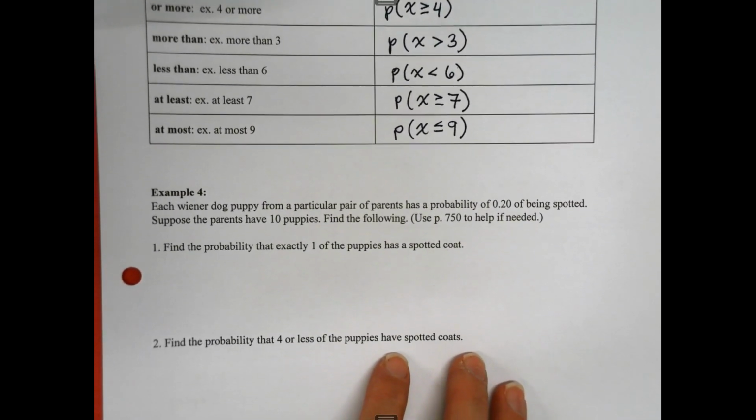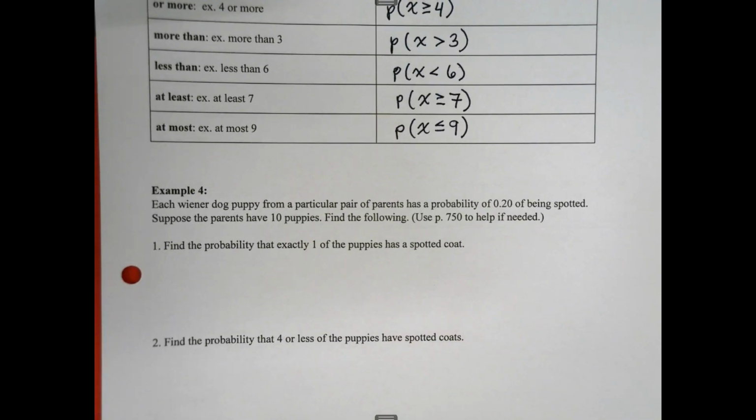Example number 4. Each wiener dog puppy from a particular pair of parents has a probability of 0.2 of being spotted. Suppose the parents have 10 puppies. Find the following. First off, we have to identify what our n, x, p, and q are for our situation.